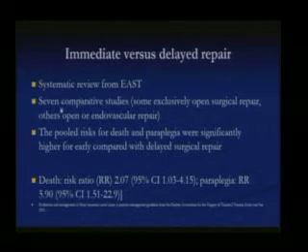Then this was a paper from the Eastern Association for the Surgery of Trauma. They looked at immediate versus delayed repair of thoracic injury. They had 7 comparative studies, some exclusively open surgical repair, others both open and endovascular repair. The pooled risk for death and paraplegia was significantly higher for early compared with delayed surgical repair.